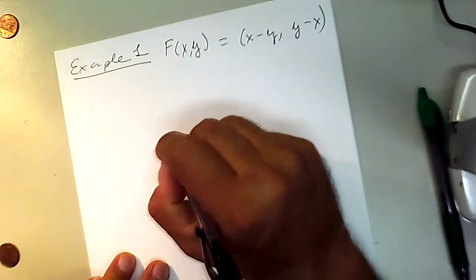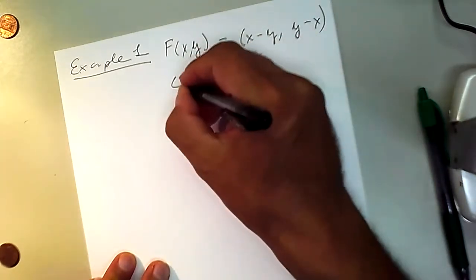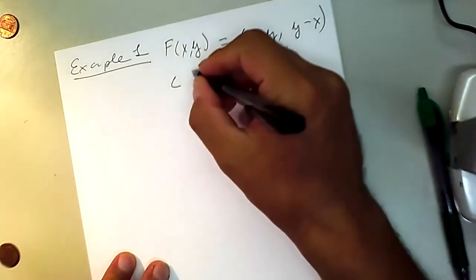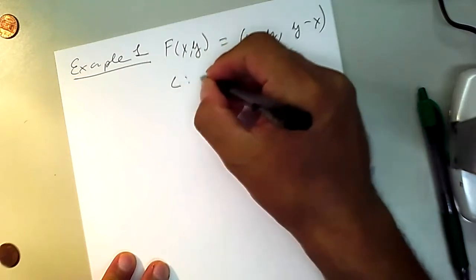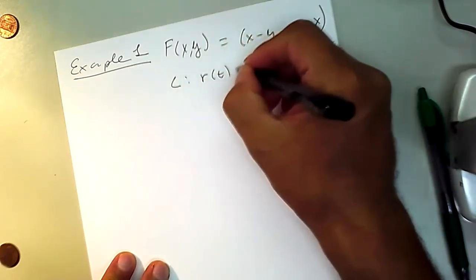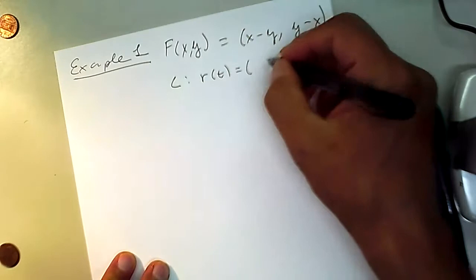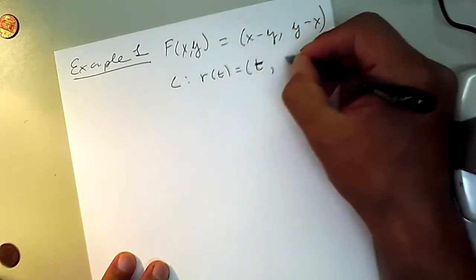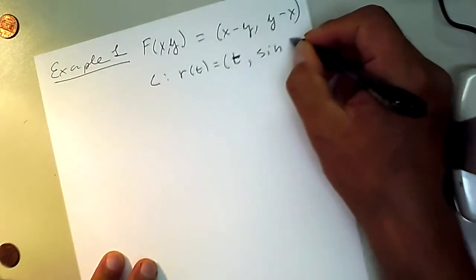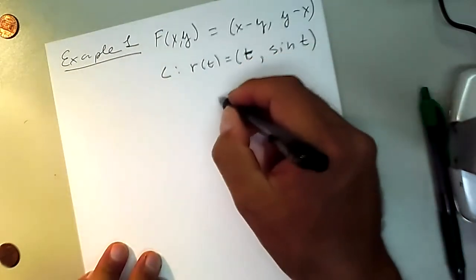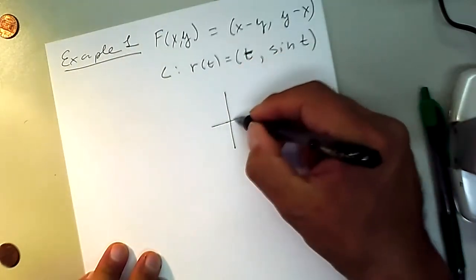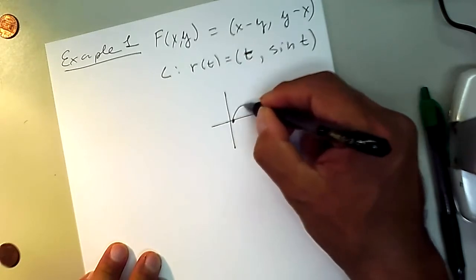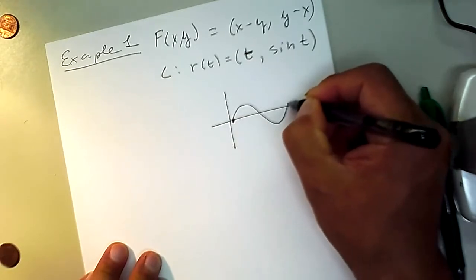All right, and the path C is going to be given by r of t equals, so we're going to parameterize the sine function, t, comma, sine of t. So the path is just your regular sine function.